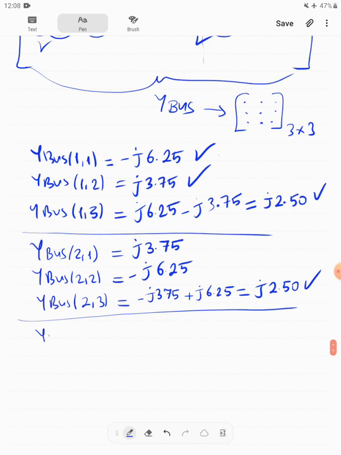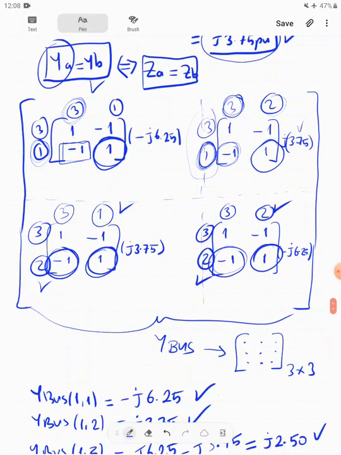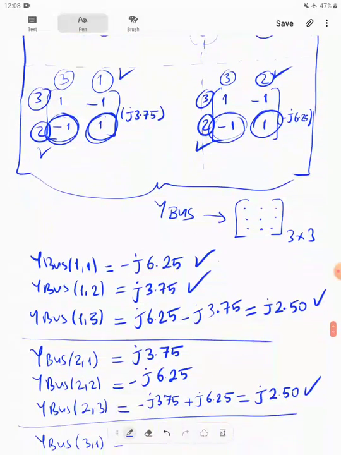What about the third row? Ybus 3,1. The row number will be 3 and the column number will be 1. Yes, 3,1 is here. It corresponds to j6.25.